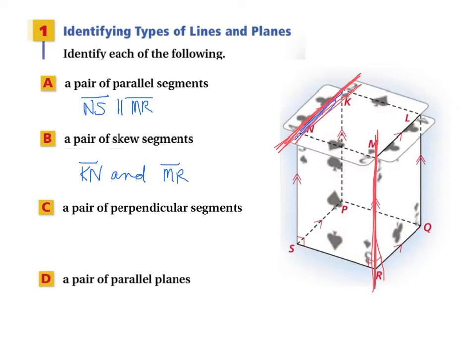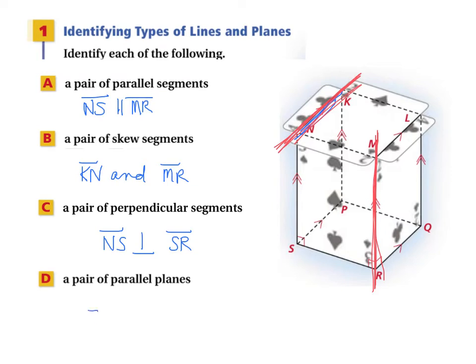C, a pair of perpendicular segments. Here's a perpendicular intersection. So we could say segment NS is perpendicular to segment SR. And then D, a pair of parallel planes.